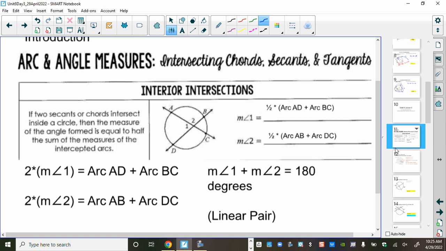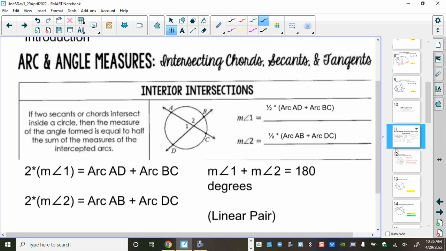Also, do not forget the other thing. When you have your linear pair of angles, what is the sum of a linear pair of angles? The linear pair must always add up to how many degrees? They form a straight line, that means they add up to 180 degrees.